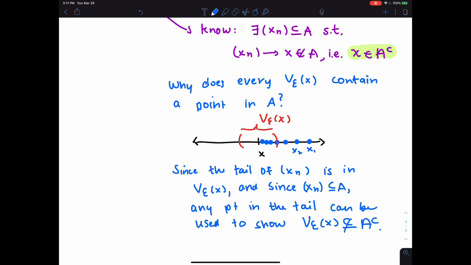That's because each xn is in A, but also in the epsilon neighborhood when you're talking about the tail values.